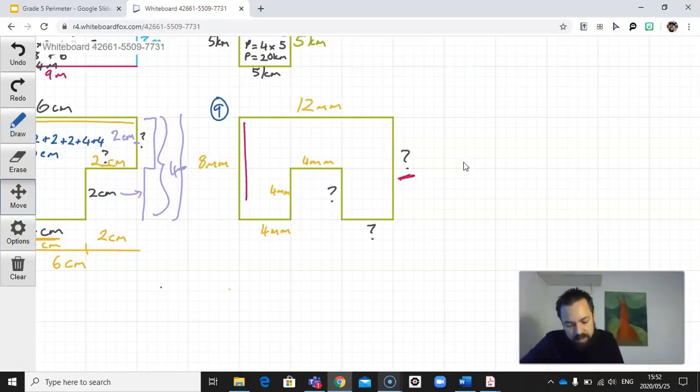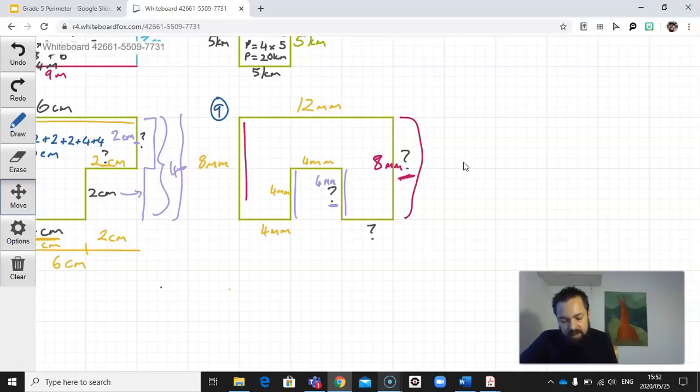So this one, which is the same length, also needs to be 8 millimeters. The next one I'll choose to do, let's go with purple, is this one. This length here is 4 millimeters, so this one here will also be 4 millimeters.